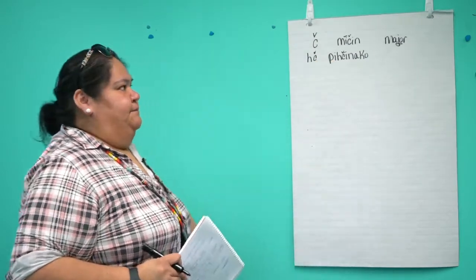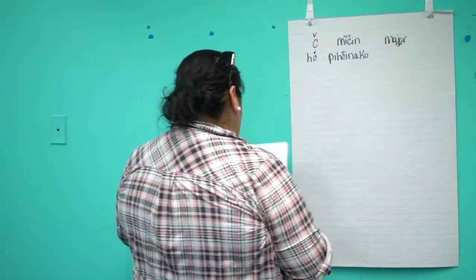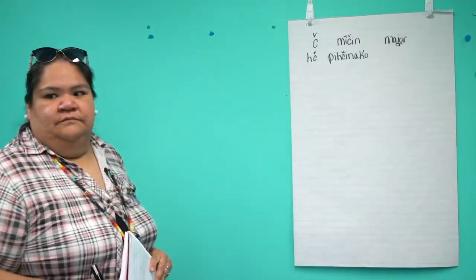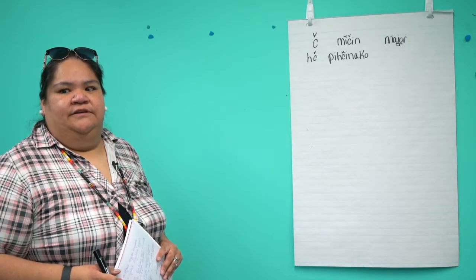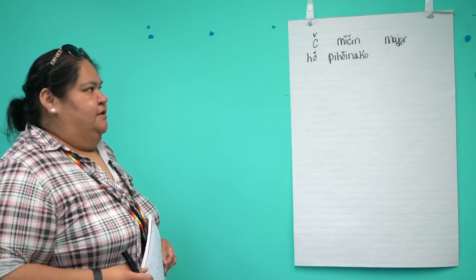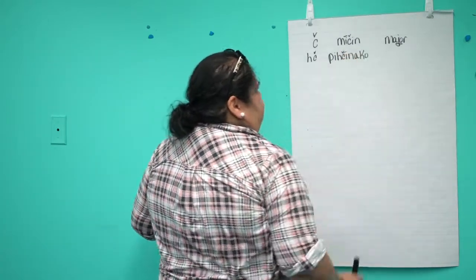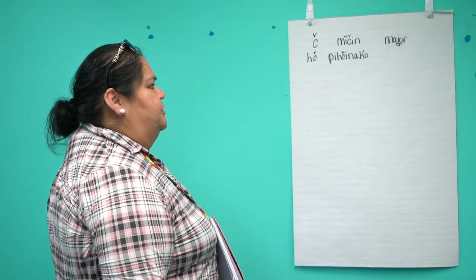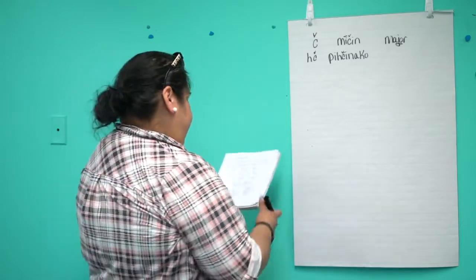See, I would have said mi chin. But it's actually mi jin. So always if it's by itself, it's j, or if it comes behind the H, ch.